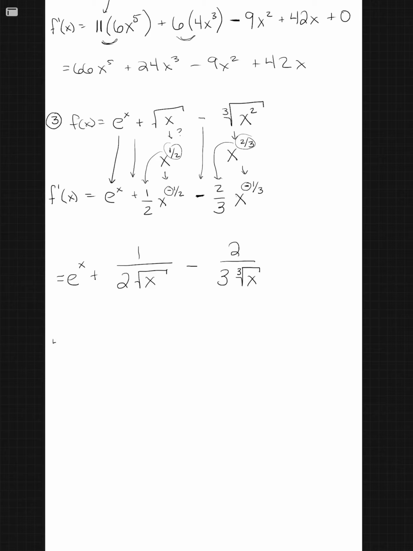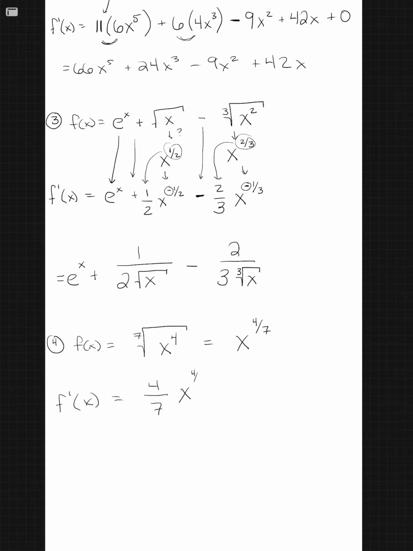So just to do another example real quick, if we have f of x equals the 7th root of x to the 4th, we just need to remember that that's x to the 4/7, and then we take the derivative by bringing that 4/7 out front.